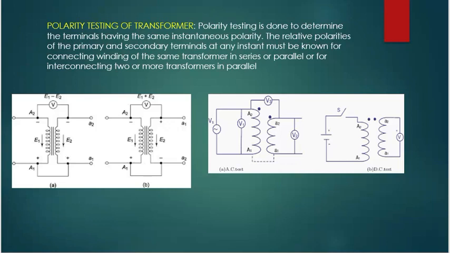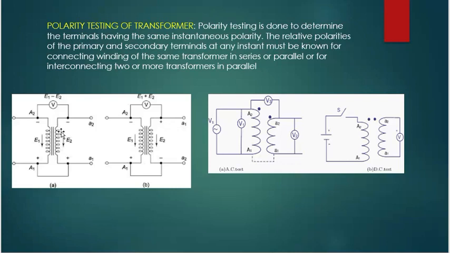For determination of relative polarity of the two windings of a transformer, the two windings are connected in series across a voltmeter, while one of the windings, preferably the HV winding, is excited from a suitable AC voltage source, as illustrated in this picture.